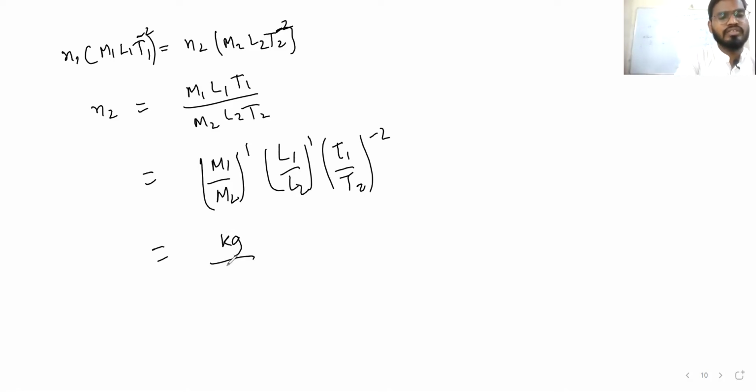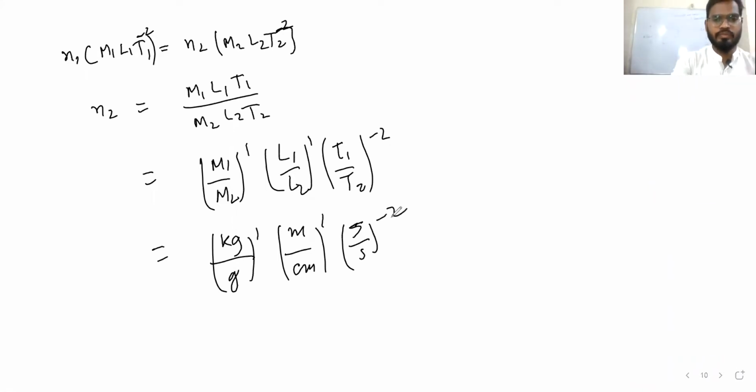Now M1 is in kg, and M2 is in gram. L1 is in meter, L2 is in centimeter. Time is in second, to the power minus 2. Converting kg to gram is 10 to the power 3 by gram to the power 1.